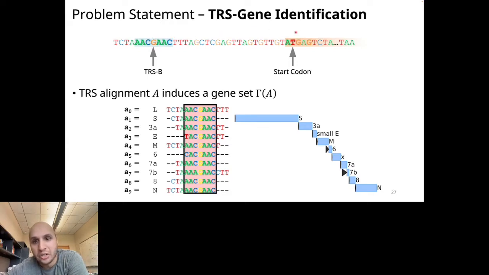ATG is the start codon, and that ATG corresponds to an open reading frame. So if I look at, for instance, this TRS alignment, I can do this for each TRS-B. TRS-B corresponds to A1 to A9 in this example, and I get the first ORF that occurs immediately downstream of that TRS-B. So that's the first thing. Each TRS alignment induces a gene set, okay?